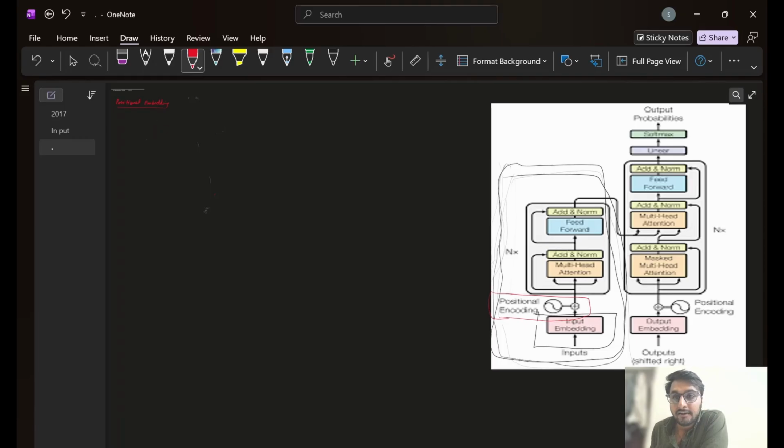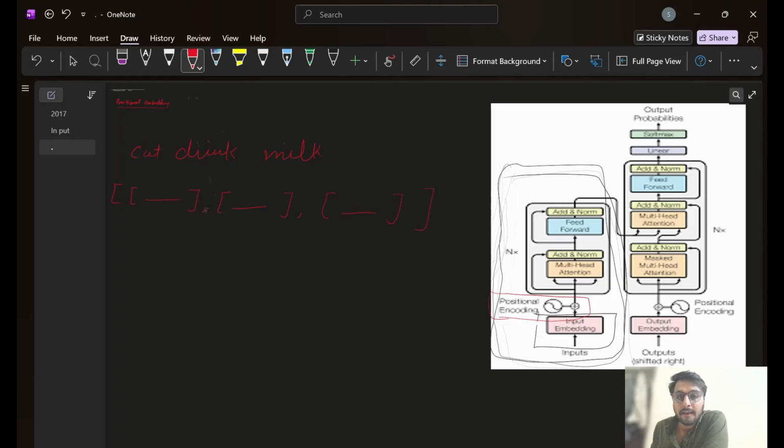For example, "cat drink milk". This is our initial sentence, our input for the model. We created a dense vector for the word cat, similarly for drink, similarly for milk.